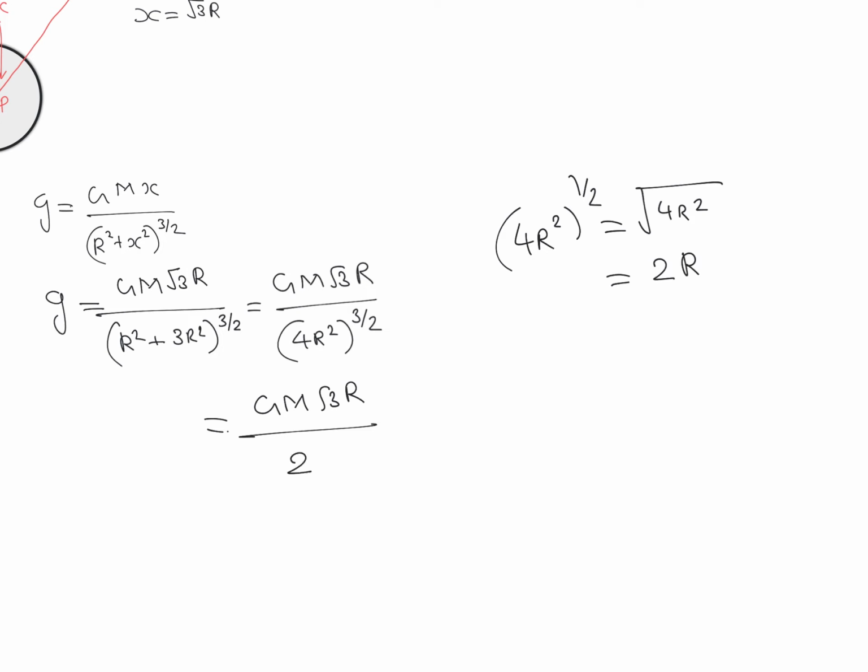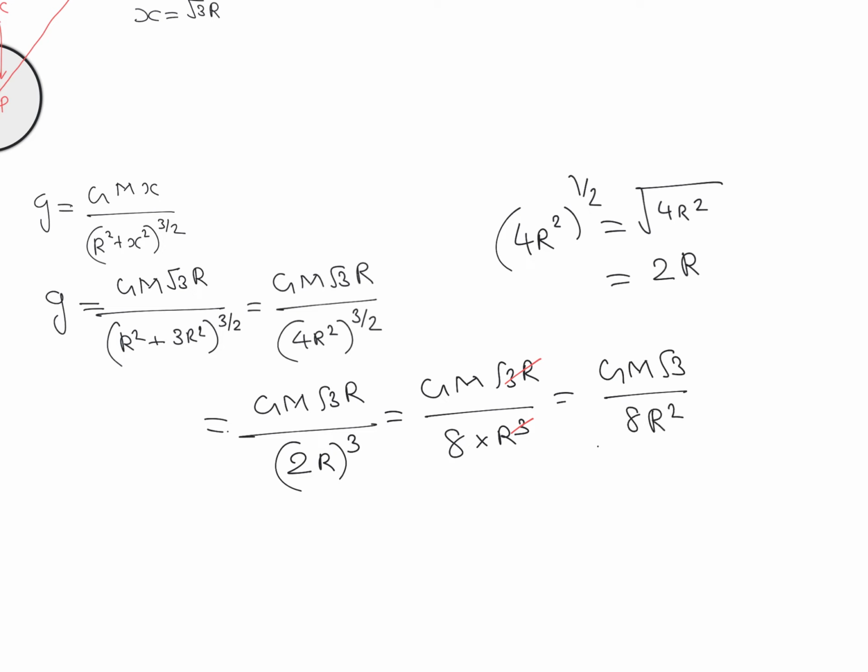So this is basically 2r raised to 3, and 2 raised to 3 is 8, so 8 r cubed. We can cancel one r over here and one r over here. So this is going to be G M root 3 divided by 8 r square. So this is the value of the gravitational field.